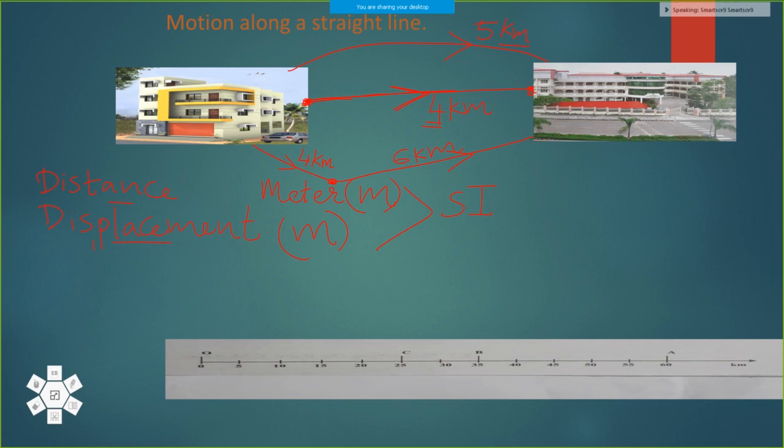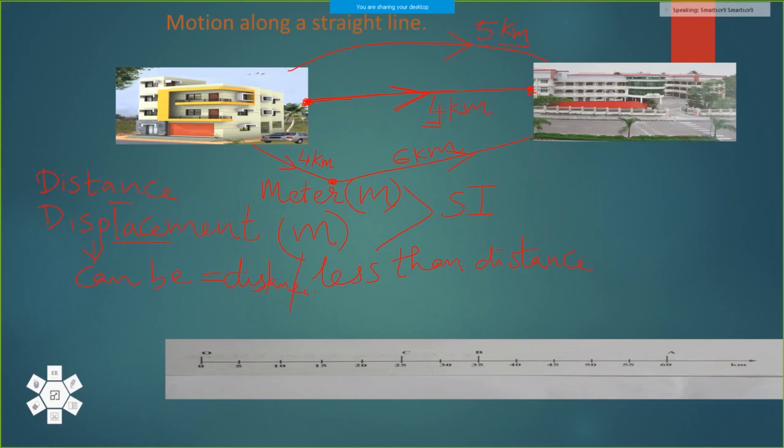That is another property: displacement can be equal to distance, or it can be less than distance.